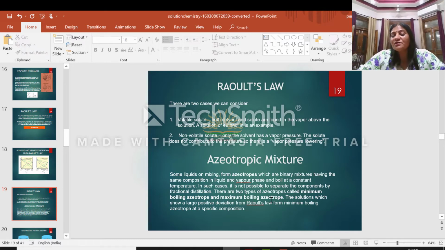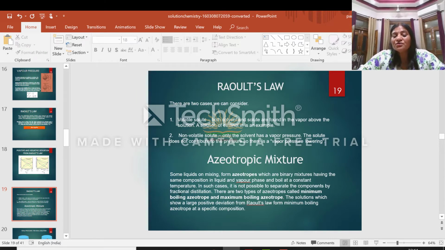There are two types of azeotropes: minimum boiling azeotropes and maximum boiling azeotropes. Students, minimum boiling azeotropes show the positive deviation from Raoult's law, and maximum boiling azeotropes show the negative deviation from Raoult's law.